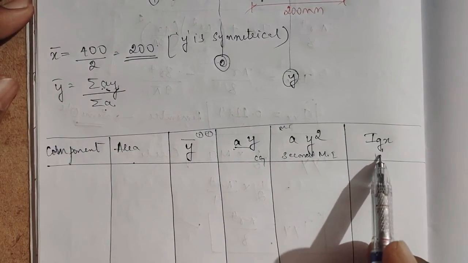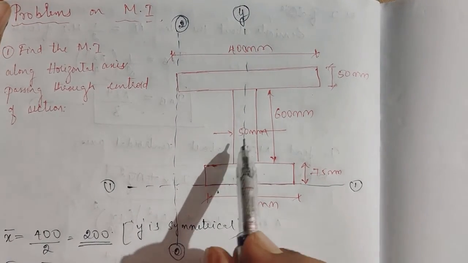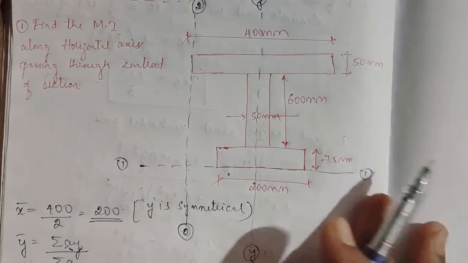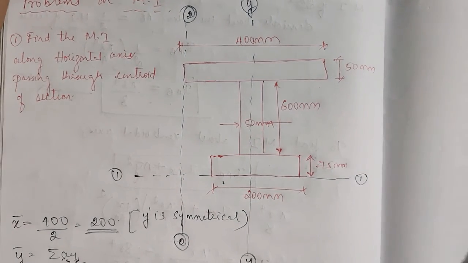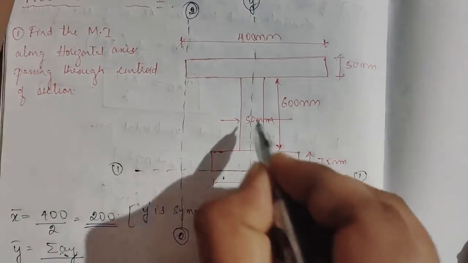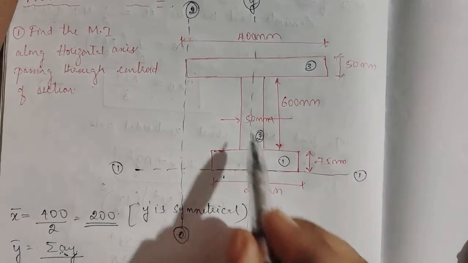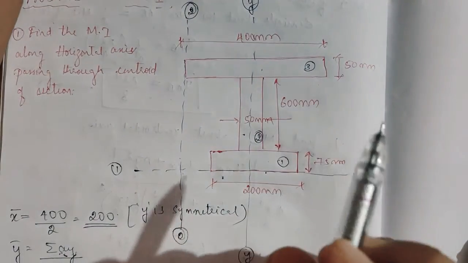Now we will divide the whole figure into 3 equal parts, as we can see here. I'll take this as 1, this as 2, this as 3. This is one rectangle, this is also a rectangle, all the shapes are rectangles.